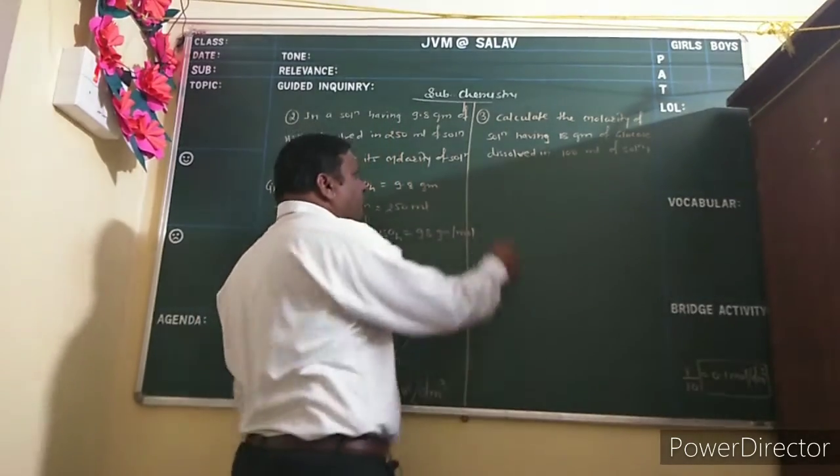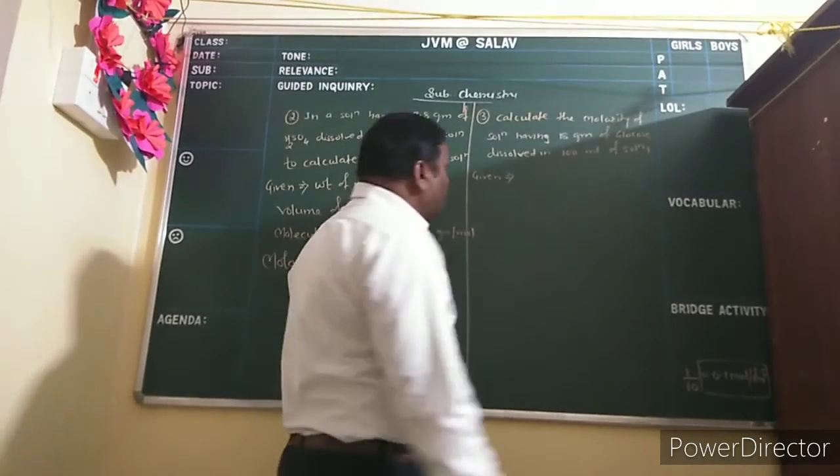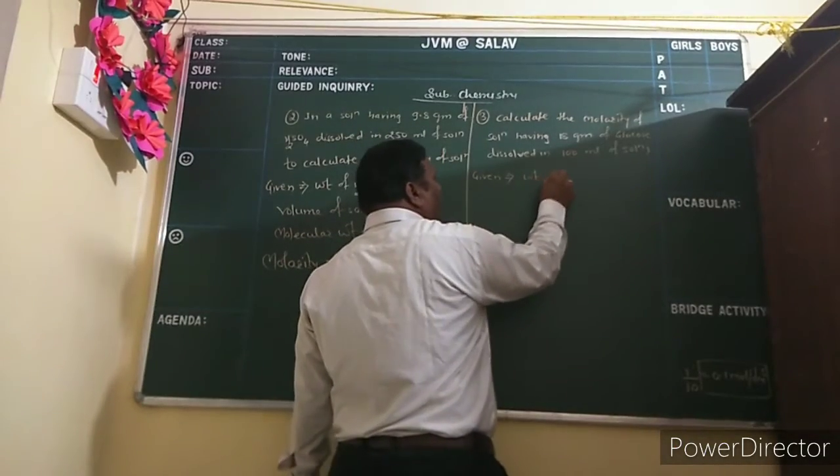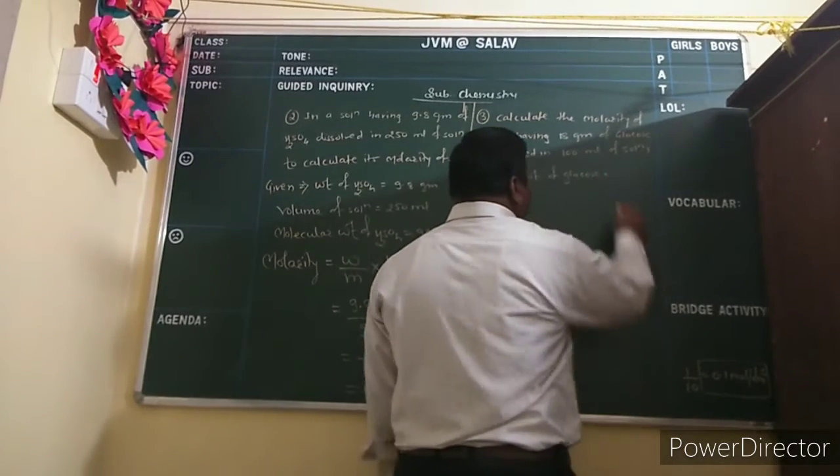Again it is the given quantity. So the given quantity is weight of glucose. How much? Weight of glucose is 18 gram.